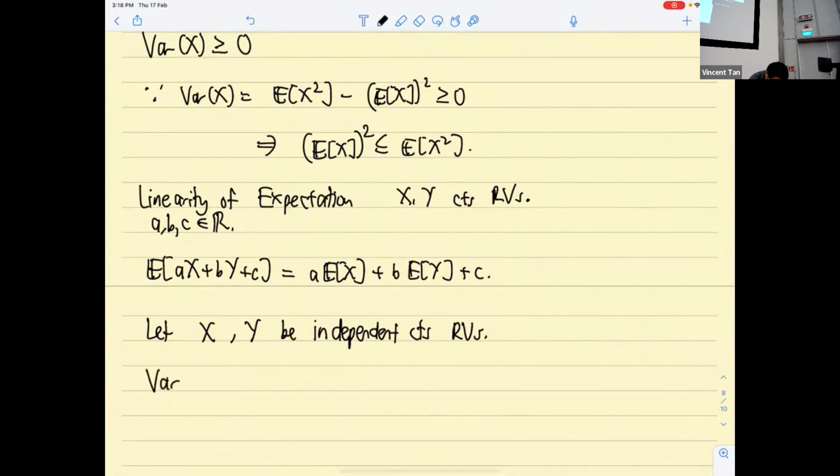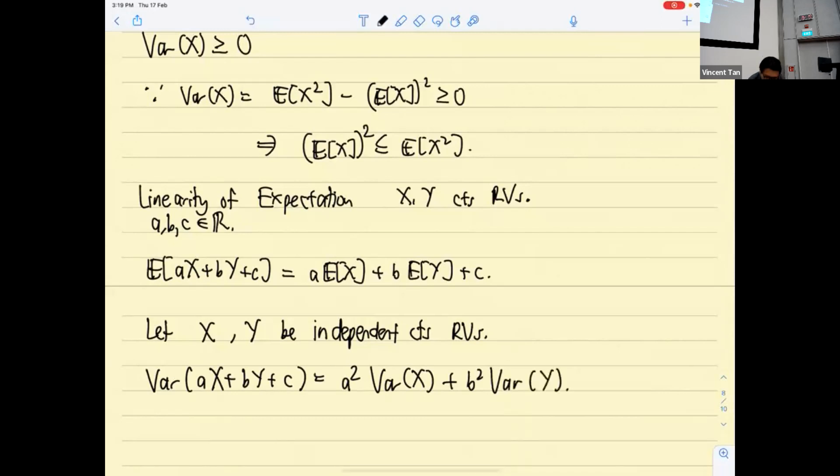And we are interested in the variance of the affine combination AX plus BY plus C. Now, if they're independent, last time we already showed for the discrete case that this is equal to A squared variance of X plus B squared variance of Y. And this formula carries through to the continuous case, no problem. I'm not going to prove this already. So we can just accept this.